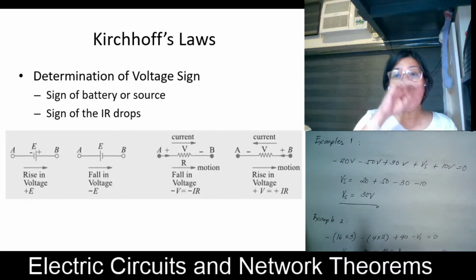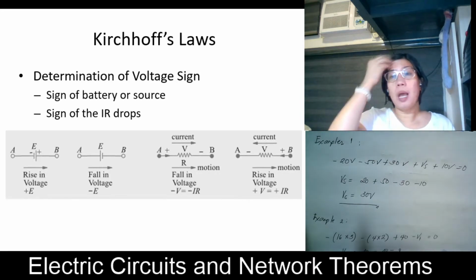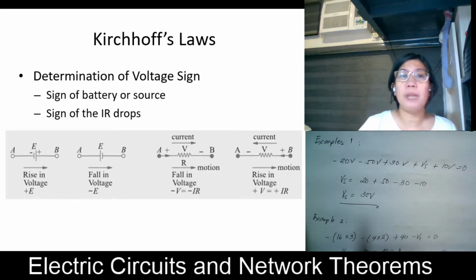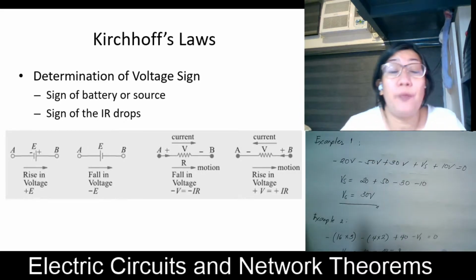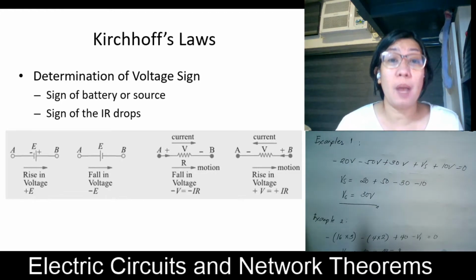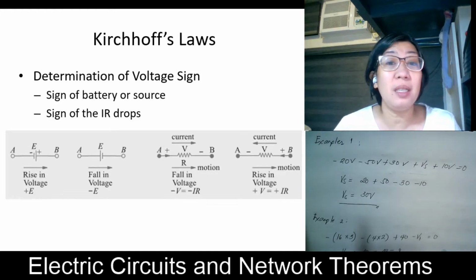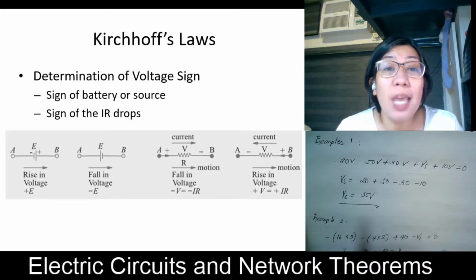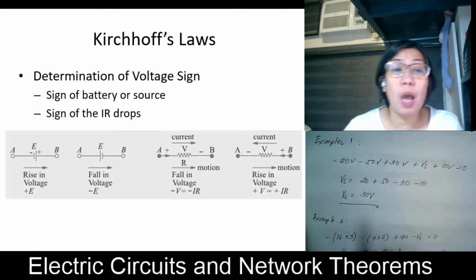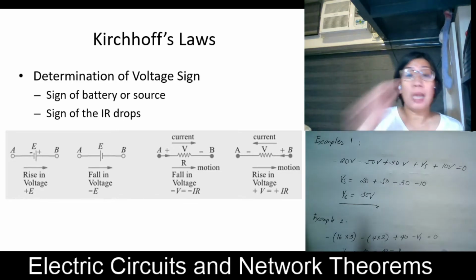So how do we determine your voltage sign? Okay, so first, look at the sign of the battery or the source. It is fixed. Every time you're given a battery or a source, there's a positive and a negative sign to that. And then the sign of the IR drops.